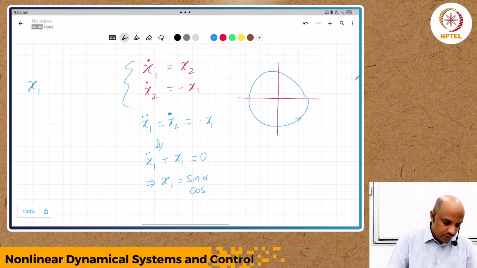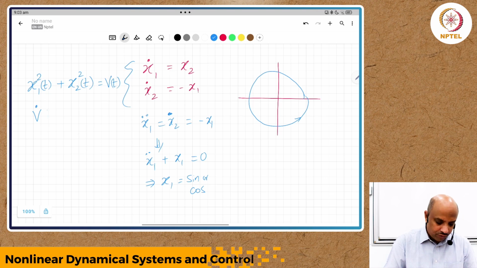But of course, this I showed through the solution, but there is an even cooler way of doing it. I am going to consider this function, let us call it v of t or something like that, and take the derivative of v, and I will get 2 x1 x1 dot plus 2 x2 x2 dot.